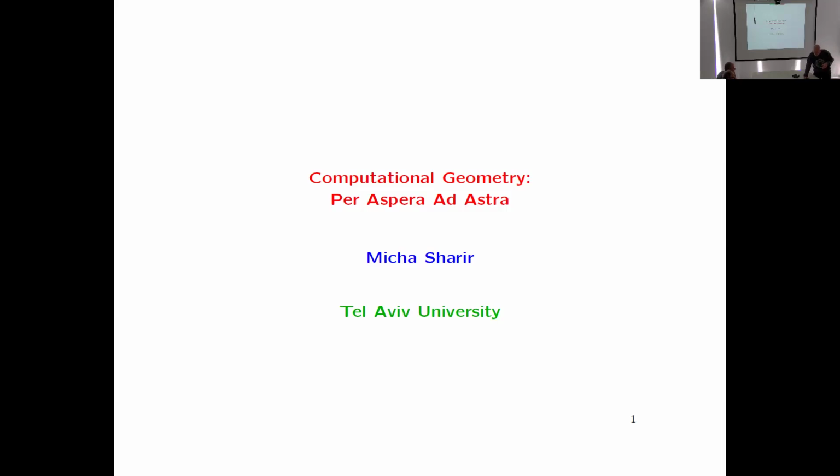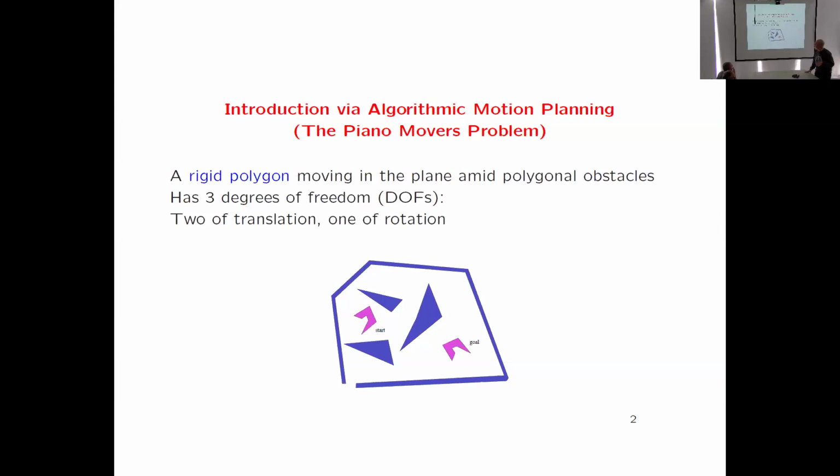It's also presented in some sort of chronological order, and almost surely I will run out of time, which is typical with me. So we start with motivating the area by algorithmic motion planning.